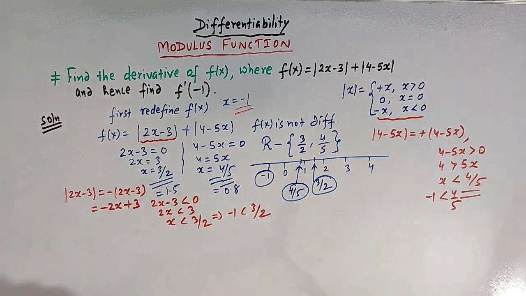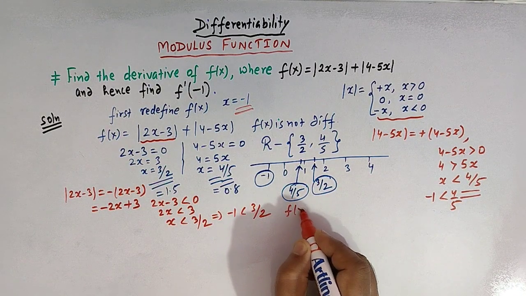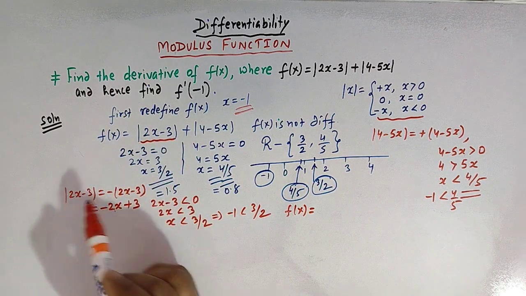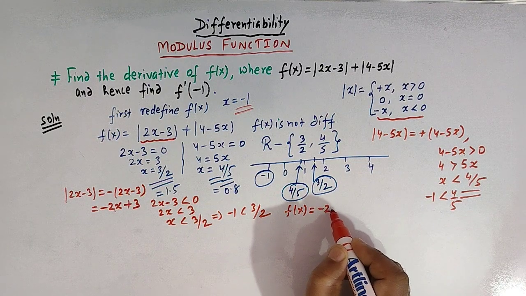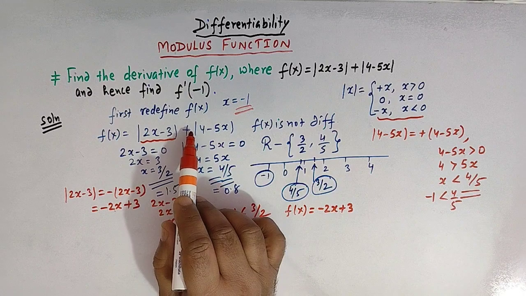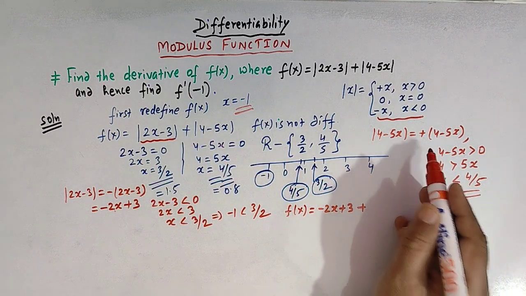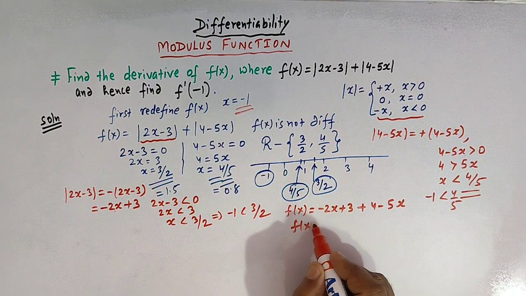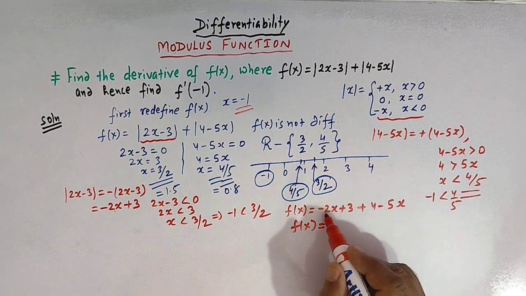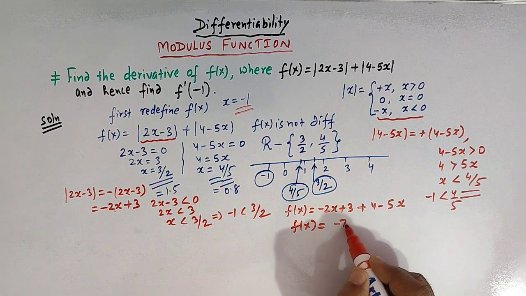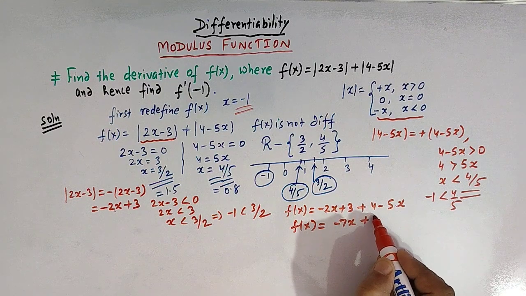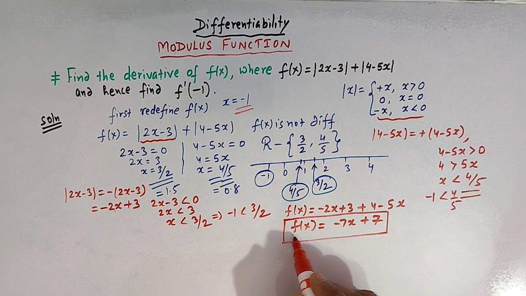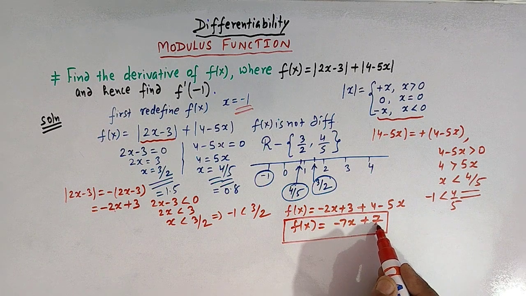So now this function f of x can be written as minus 2x plus 3, because mod of 2x minus 3 is equal to minus 2x plus 3, and mod of 4 minus 5x can be simply written as 4 minus 5x. So now we have f of x is equal to minus 2x minus 5x, which is minus 7x, and 3 plus 4 is equal to 7. So f of x is equal to minus 7x plus 7.